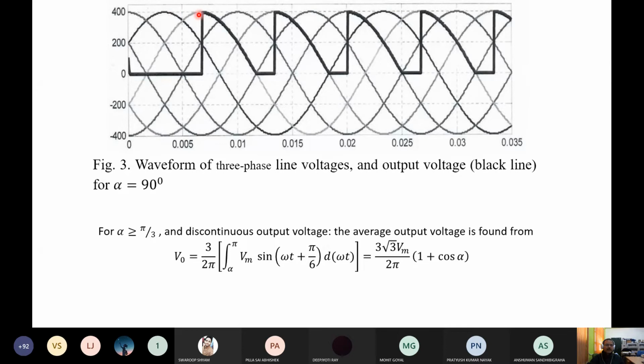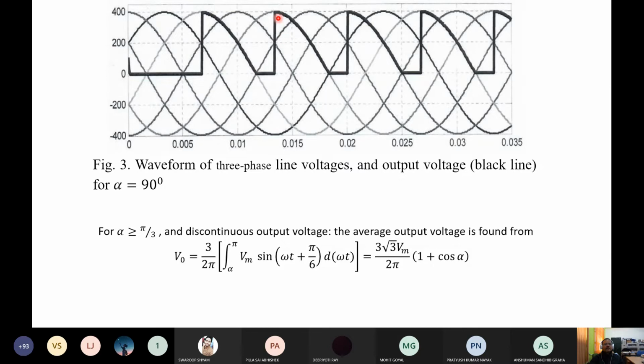AB, AC, BC, then BA, CA, CB, and AB. So here your AC is maximum positive. So if you trigger S1, return path will be C. So AC will appear, then voltage 0, current 0, resistive load.